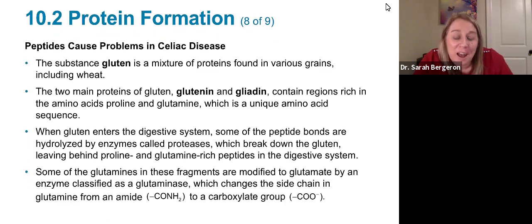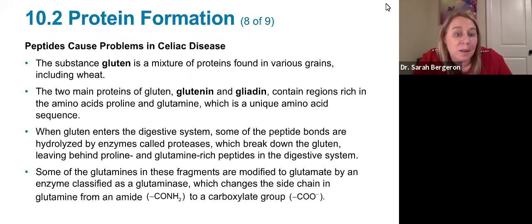These 2 proteins have regions that are really, really rich in proline and glutamine. And not a whole lot of proteins have this richness in proline and glutamine. When this gluten enters the digestive system, some of the peptides are broken down by proteases, and that's great, but it leaves behind these proline and glutamine-rich peptides in the digestive system, and they aren't broken up.